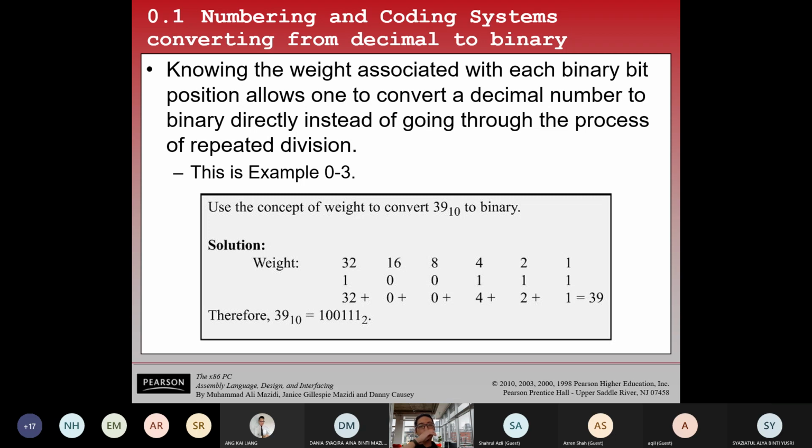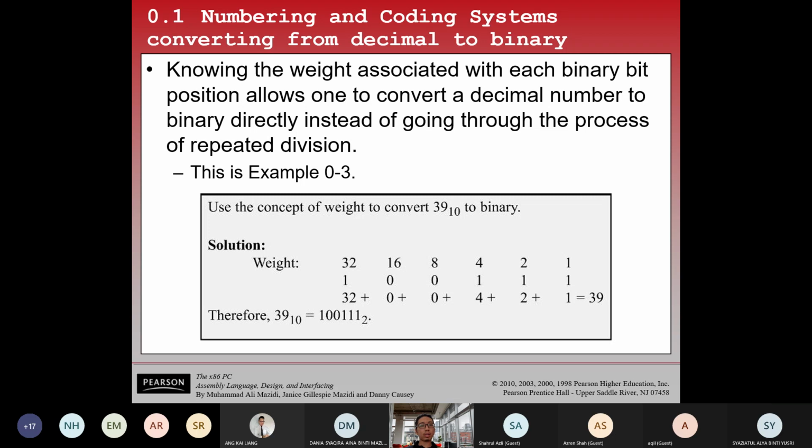First you look at what is the highest power of base 2 that fits, which is 2 to the power of 5, that is 32. So you list 32, 16, 8, 4, 2, and 1. This is 2 to 5, 2 to 4, 2 to 3, 2 to 2, 2 to 1, 2 to 0. So 32 is the largest one.